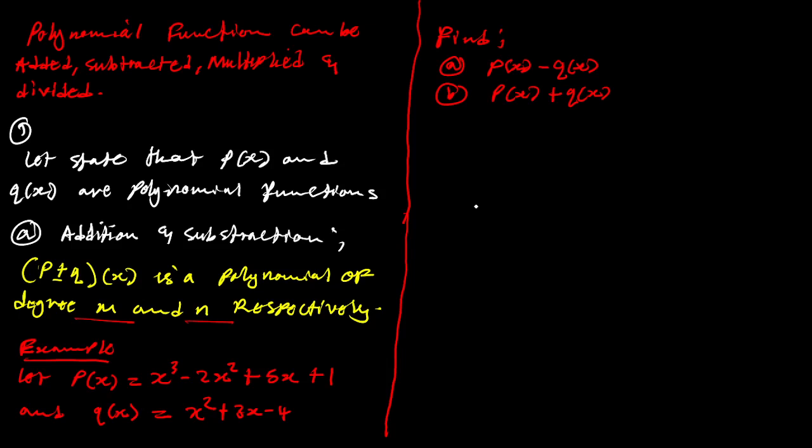So here we need to subtract, px minus qx. What you just have to do here is write x cubed minus 2x squared plus 5x plus 1, which is p.